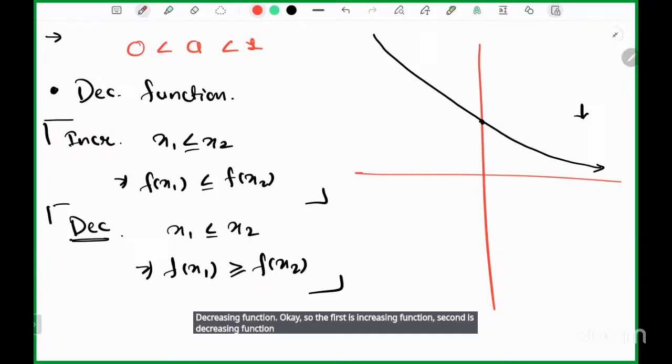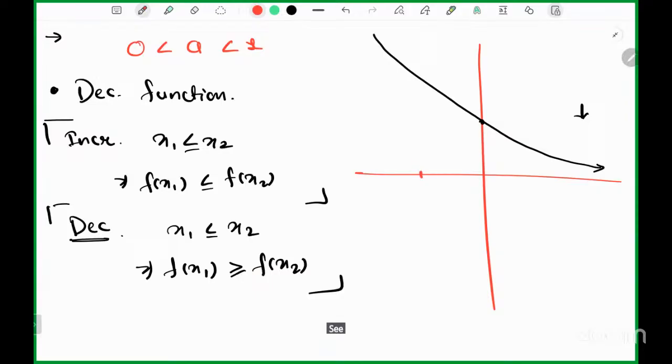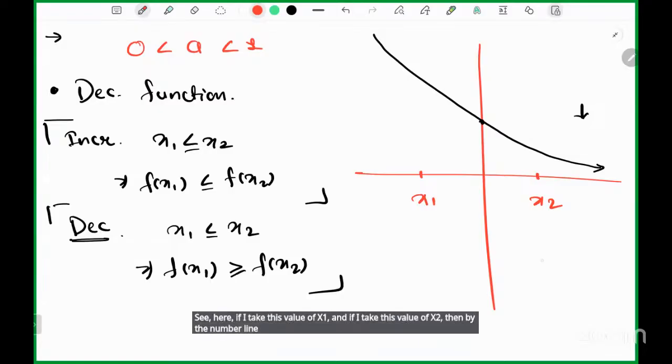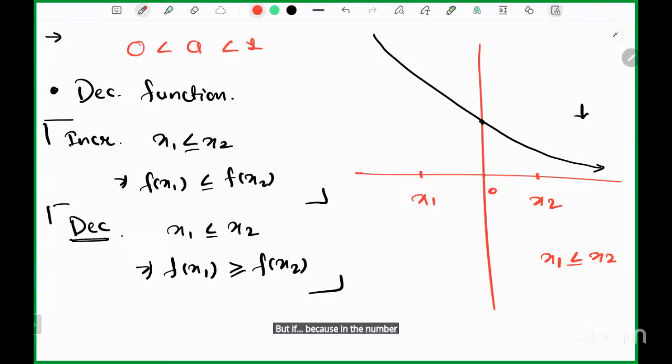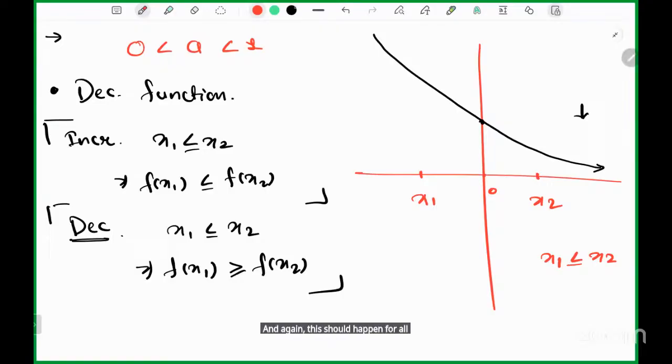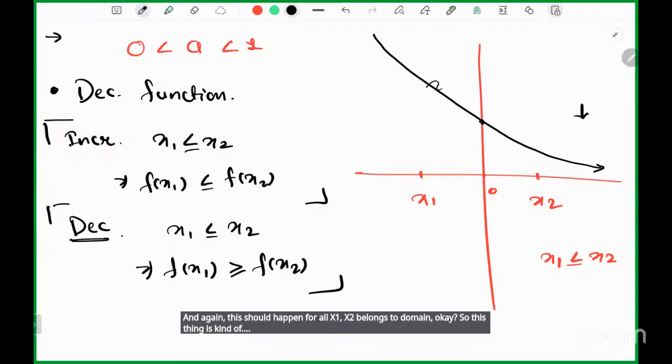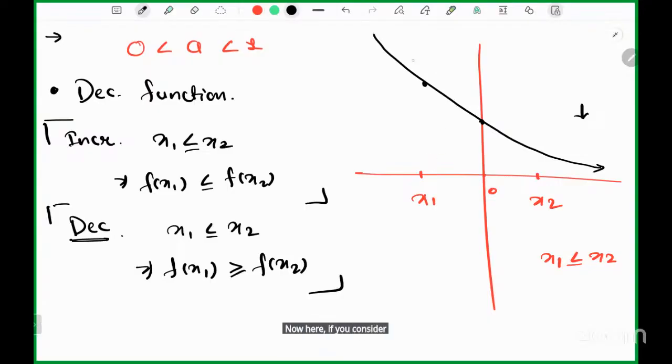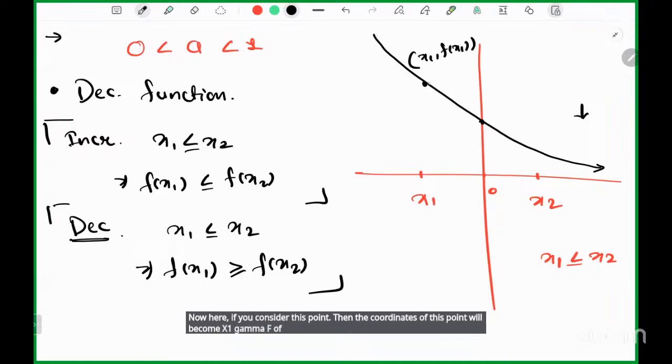Here on the graph, if I take this value of x1 and this value of x2, then by the number line you can easily figure out that x1 is less than or equal to x2, because this is 0, x1 is negative and x2 is positive. Again, this should happen for all x1, x2 belonging to the domain. If you consider this point, its coordinates are x1 comma f of x1, so this value is f of x1.